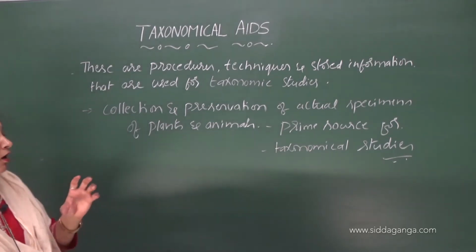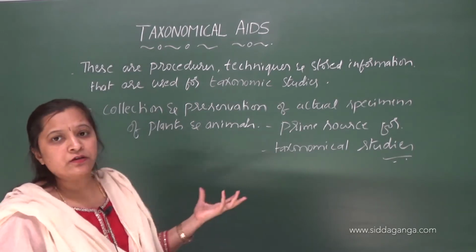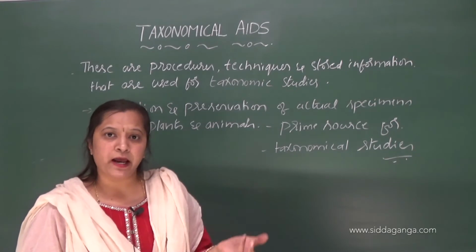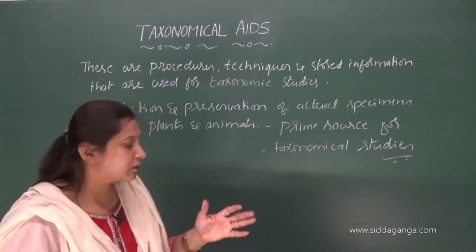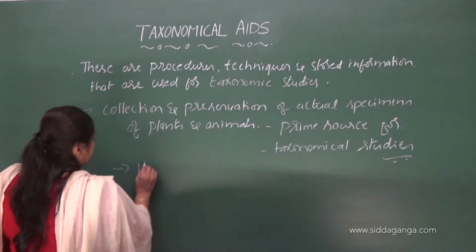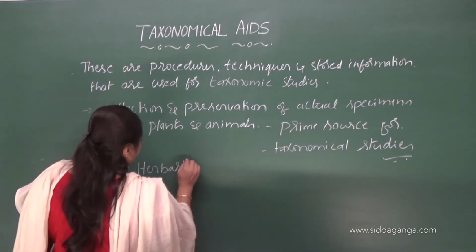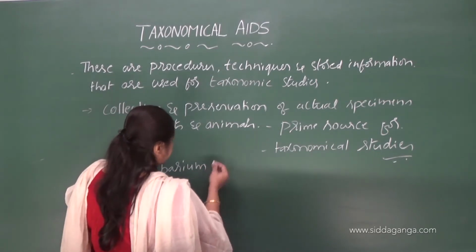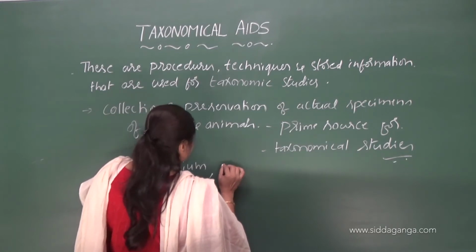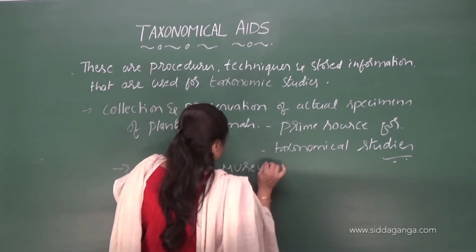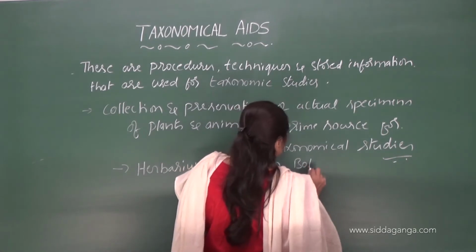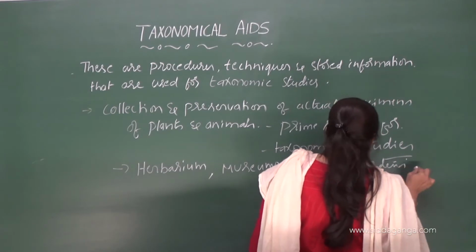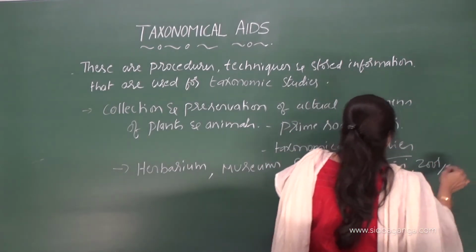The places where one can find information regarding particular plant and animal species along with the specimens include herbarium, where dead plant specimens are stored and preserved, museums, botanical gardens and zoological parks, commonly called zoos.